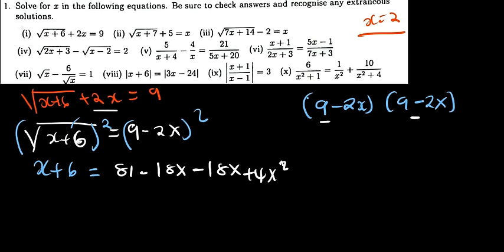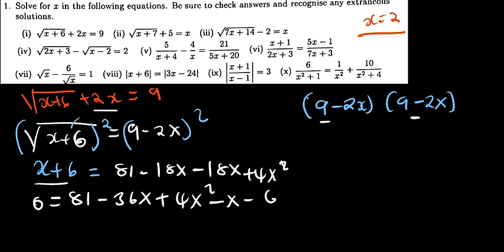So I'm going to have 0 is equal to 81 minus 18x minus 18x, which gives me negative 36x, then plus 4x squared, minus x, shifting these to the other side, minus 6.